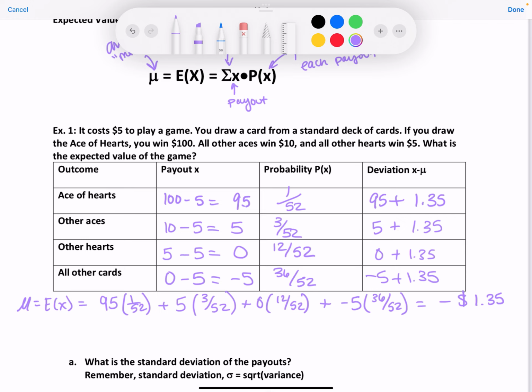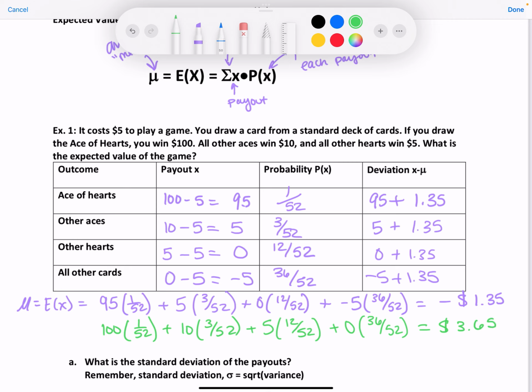So we could also do it where we didn't account for what you paid in, and we could still solve it the same way. So we would have 100 times 1 over 52 plus 10 times 3 over 52 plus 5 times 12 over 52 plus 0 times 36 over 52, and that would give you $3.65.